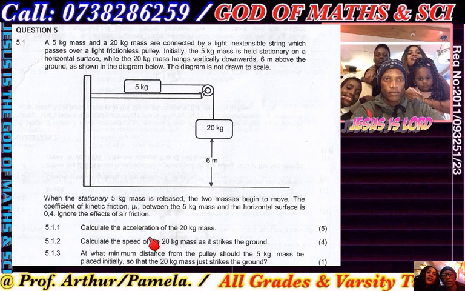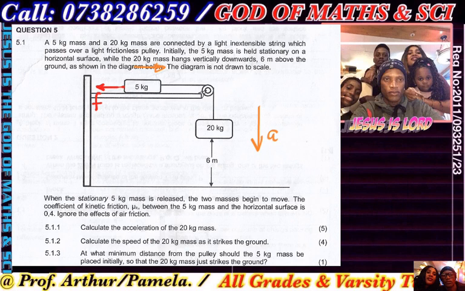All right. So they say calculate the acceleration. So the scenario is, the moment these things begin to move, this one was 6 meters above the ground. Since we already know there's friction here, this thing is going to move towards the right, and this one is going to move downwards.